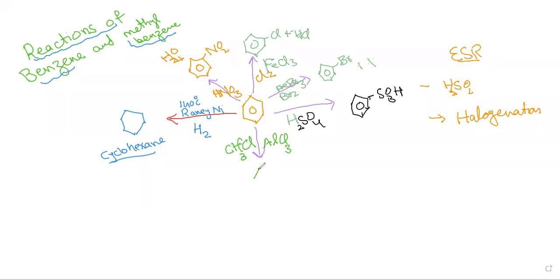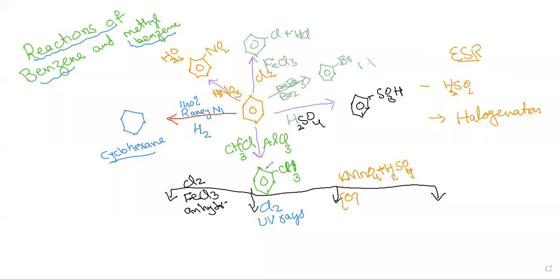So what will be the product? It would be methyl benzene, CH3, along with the byproduct HCl. So now we will move on to the reactions of methyl benzene.